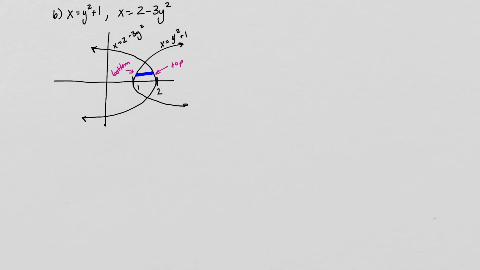So our integral is going to be the top function, which is 2 minus 3y squared, minus the bottom function, which is y squared plus 1. So I have the top function minus the bottom function. And this time we're going to integrate with respect to y, so dy, because essentially what we're doing is finding the area of a little tiny rectangle.